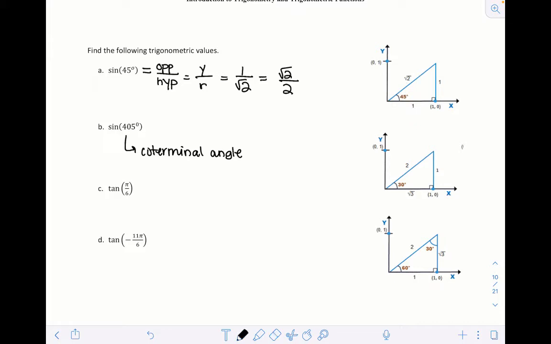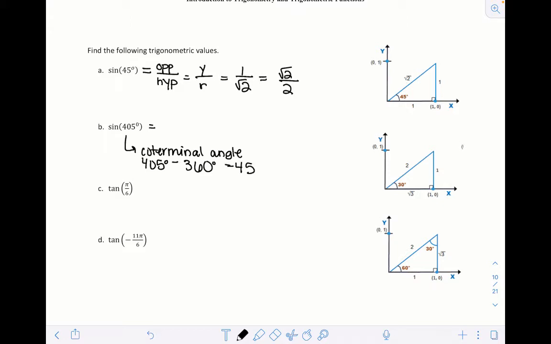So let's go ahead and find a coterminal angle here. So what I'm going to do is take 405 degrees, and since it's bigger than 360, I'm going to go ahead and subtract 360 degrees. And that's going to give us 45 degrees.